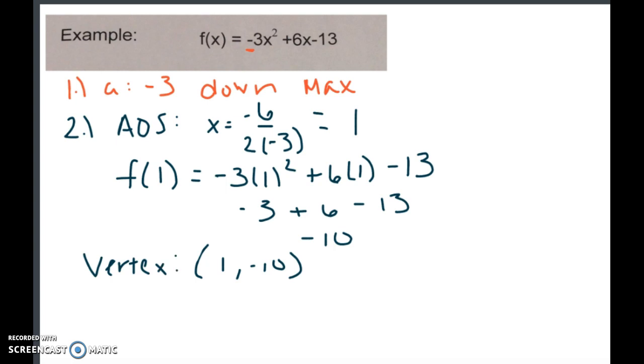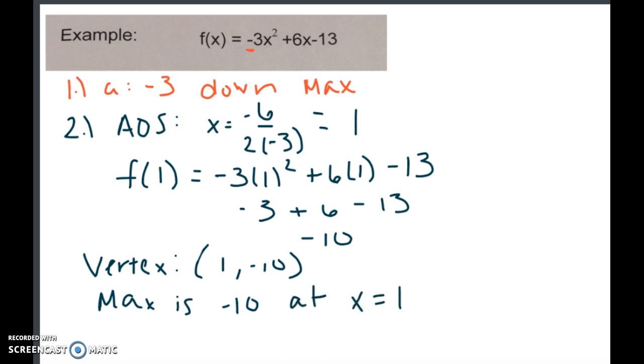So for this max, the max is -10 at x equals 1.